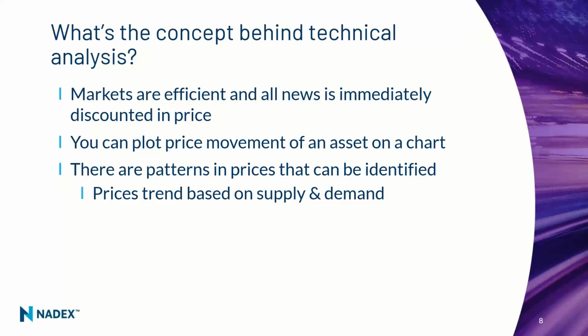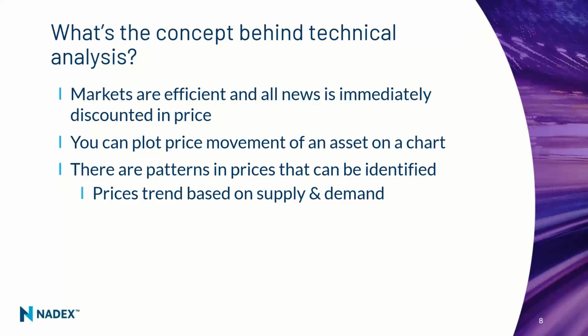But other than that, prices are going to trend based on supply and demand. When there are more buyers than sellers, the price is going to go up. That's demand. If there are more sellers than buyers, they can push the price down.